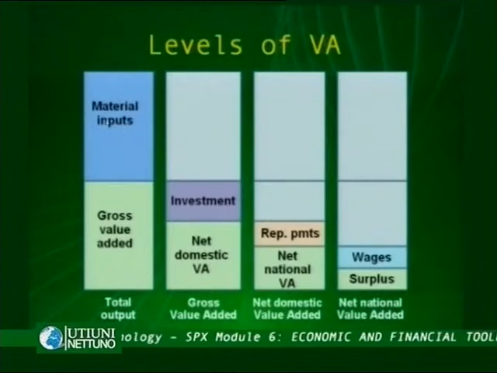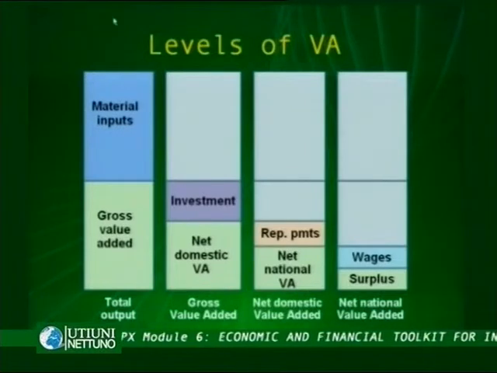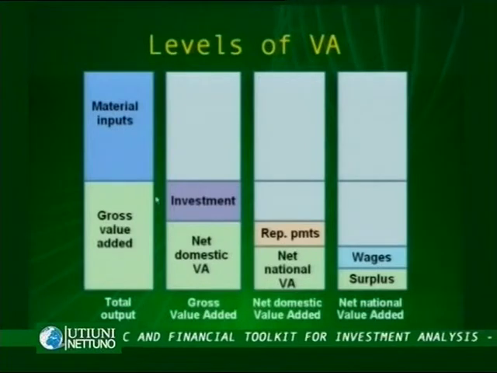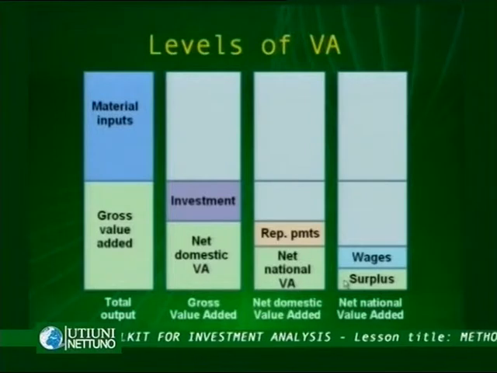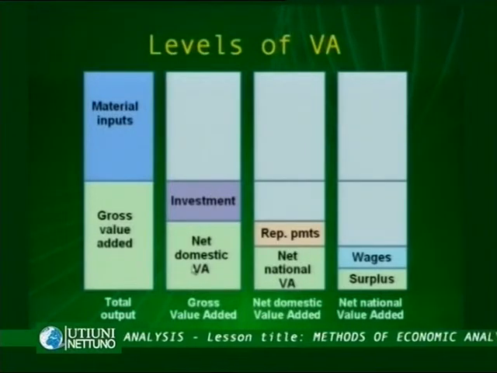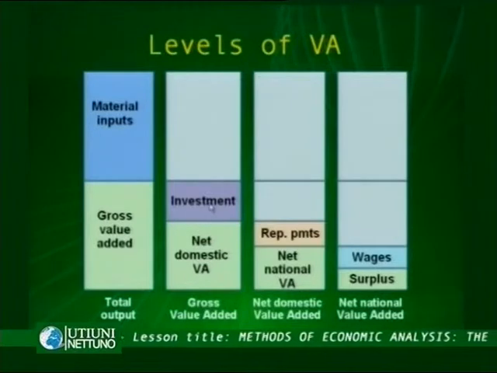So as you can see, starting from the output generated by a project, you can identify value added at different levels that go from the gross value added to the net national value added. Here, the difference between gross value added and net domestic value added is represented by investment.